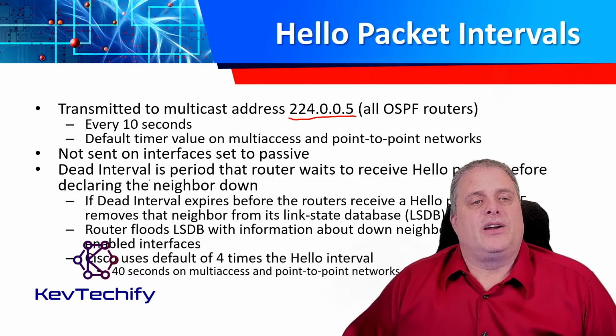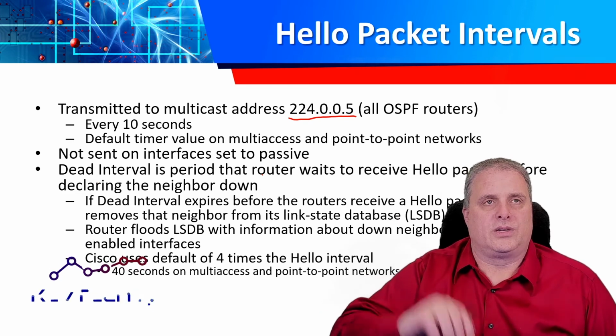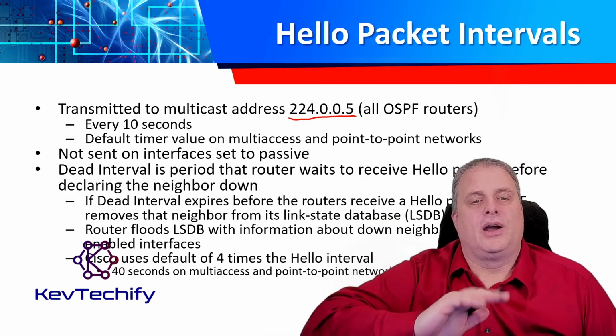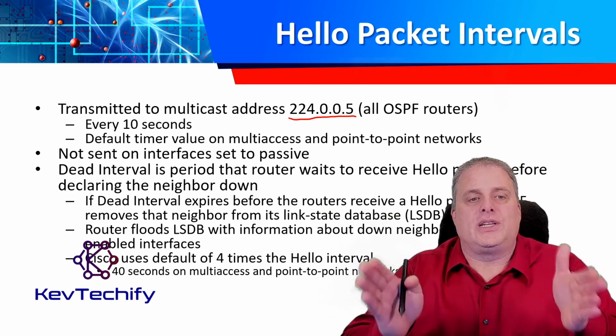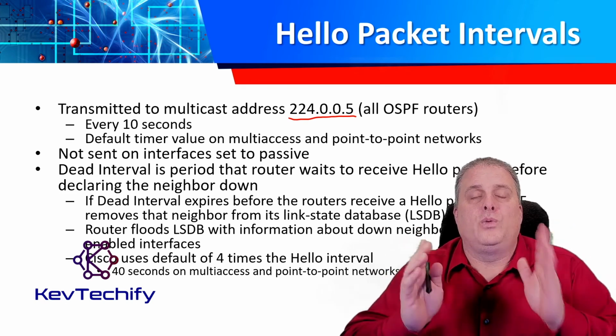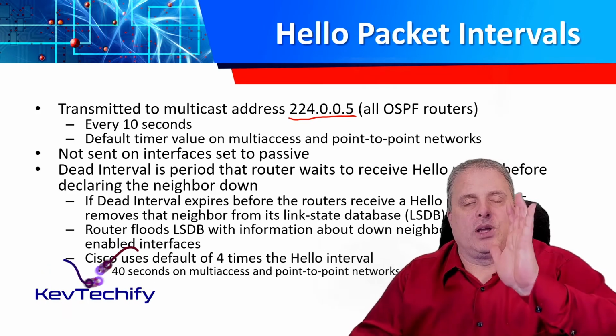Then we have a dead interval. This dead interval is a period that the router waits to receive a hello packet before declaring that neighbor is down. So we wait a certain amount of time. If we don't get a hello in that certain amount of time, then we say this neighbor is down. We can no longer rely on it. We can no longer send it anything.